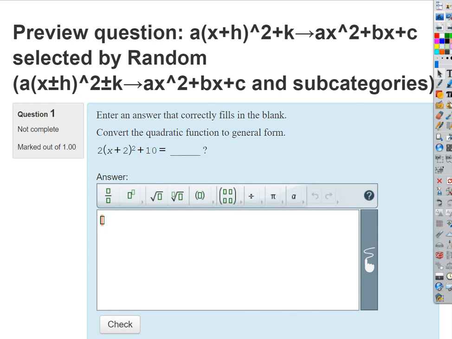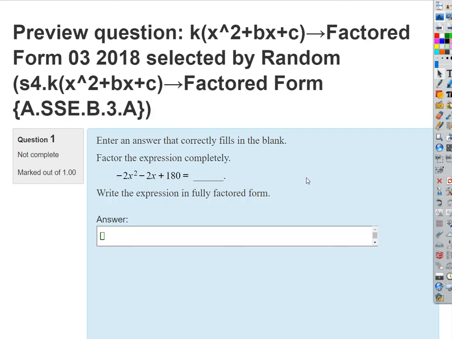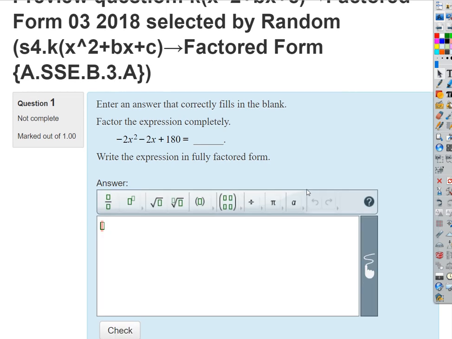Now this stuff here, I'll pick the hardest one I can. So if I want to put this into factored form, right? Remember, we had 3 different forms of quadratic functions that we've talked about. We had standard form, ax squared plus bx plus c, for f of x.